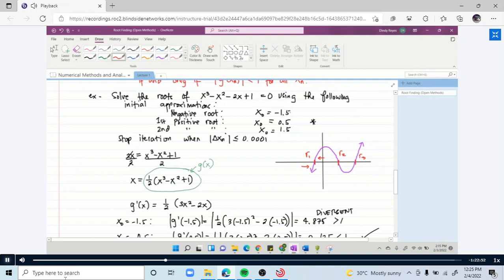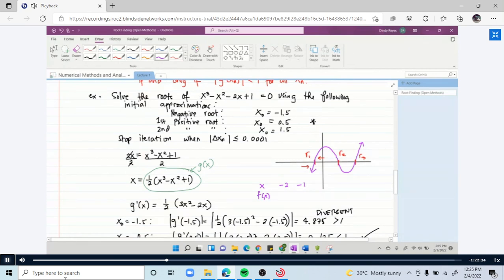Okay, paano ko nakuha to? For example, meron akong nasa in between, negative 2 and negative 1. X, tapos value ng f of x. So, when x is negative 2, what is the value of this expression?